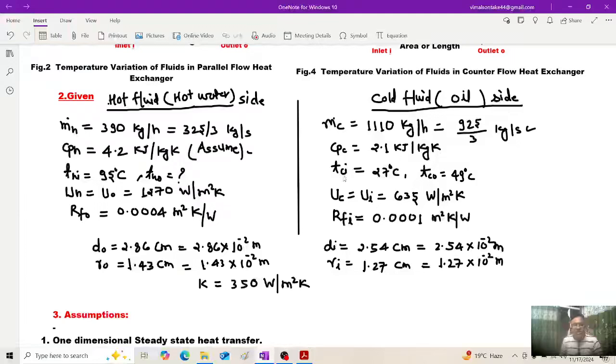Inlet temperature of cold fluid oil, Tci, is 27 degrees Celsius. Outlet temperature, Tco, is 49 degrees Celsius. Overall heat transfer coefficient of the cold fluid, represented by Ui, will be 635 watt per meter square Kelvin, and fouling factor RFI is given as 0.0001 meter square Kelvin per watt.